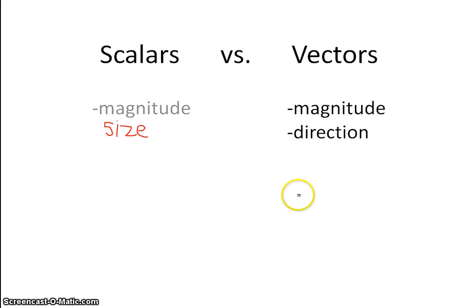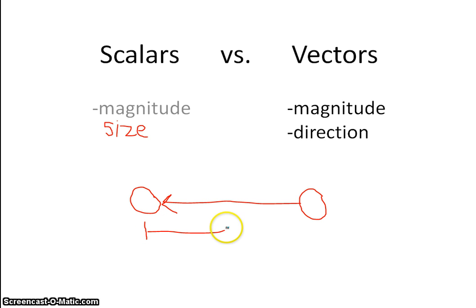direction. So for example, if I have a ball right here and I push it to this position over here, and I measure how far I pushed it, and I find out that it was 3 meters. Then I can go and tell my friend that I pushed my ball 3 meters, and in doing so, I'm telling them only the 3 meters.